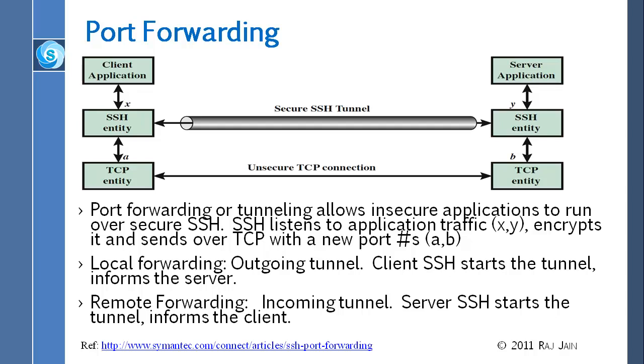Now, the application doesn't know anything. So this is the interesting thing about SSH. The only thing the application at home has been told is that the server is at this host, port A. Normally, you have the server at, let's say for us, mail.bushtel.edu, port, I forget the port number.